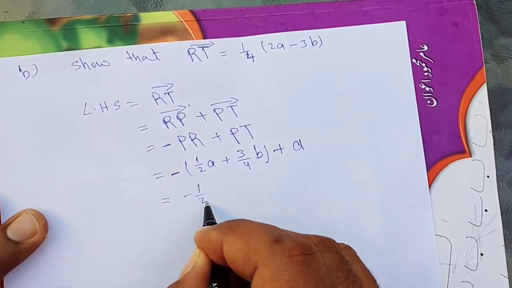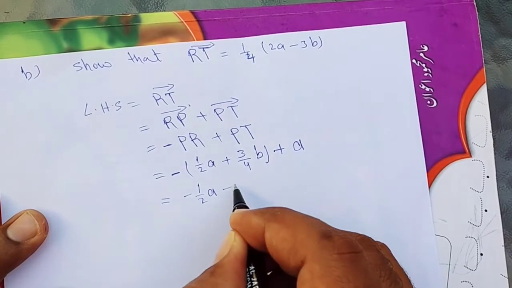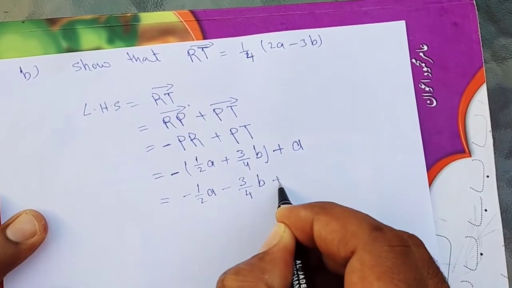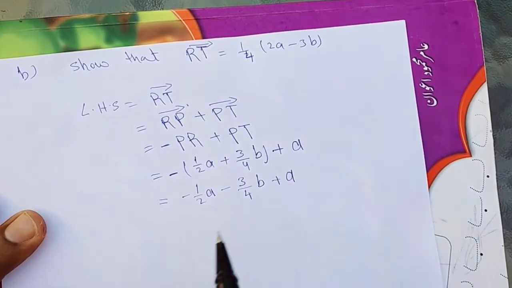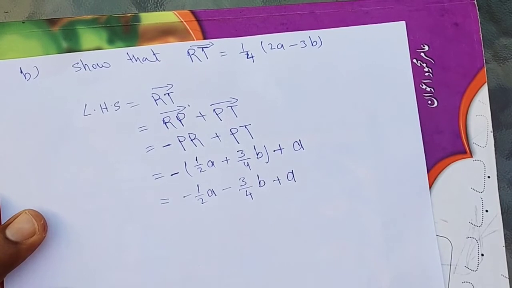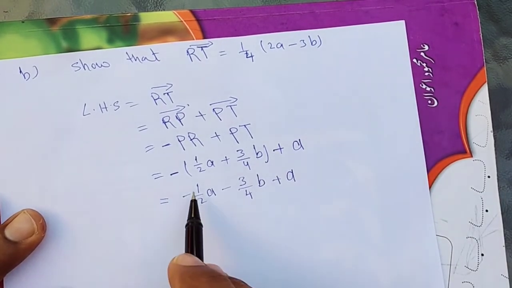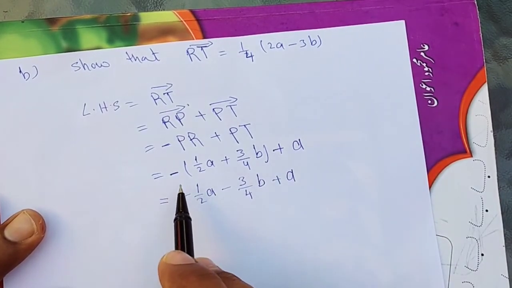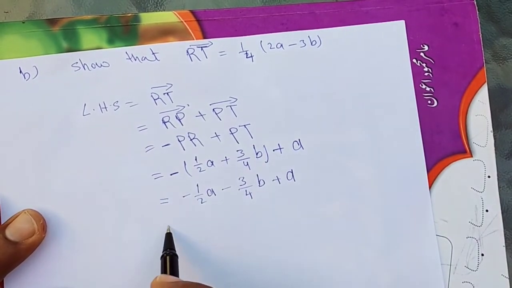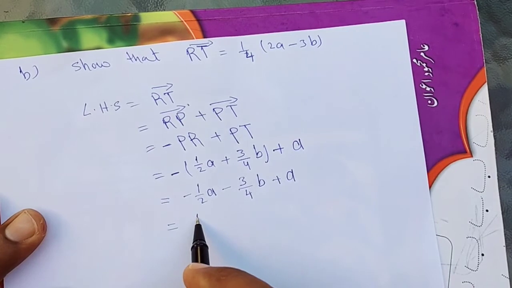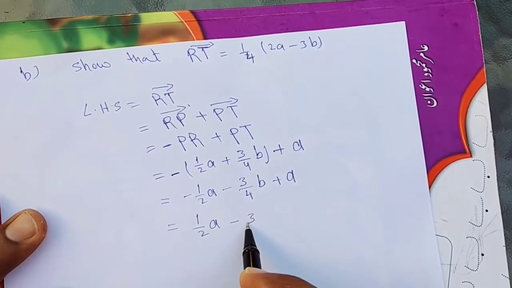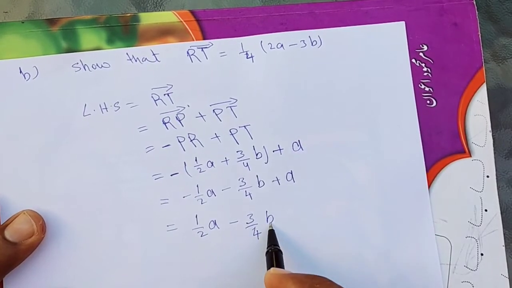Minus 1 over 2a minus 3 over 4b plus a. So we have 1 over 2a meaning half, and 1 minus half, remaining half. 1 over 2a minus 3 over 4b.